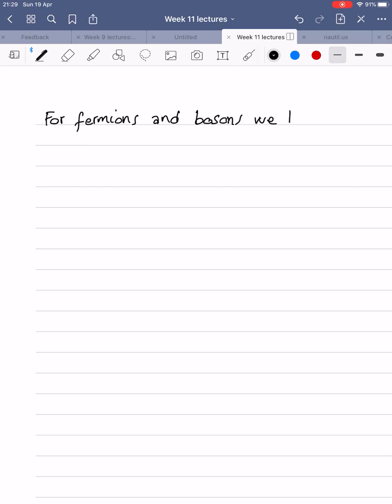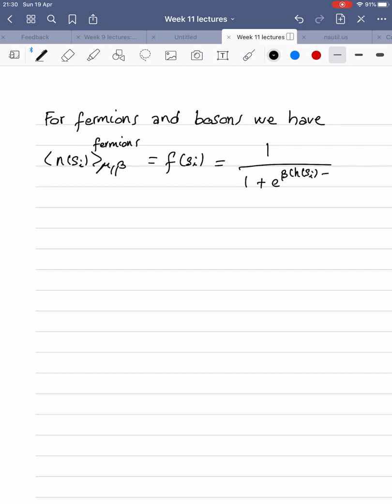The average occupation N_{s_i}(μ, β) for fermions is equal to F_{s_i}, the Fermi-Dirac factor, or the Fermi factor, which is 1 over 1 plus exponential β(h(s_i) − μ).